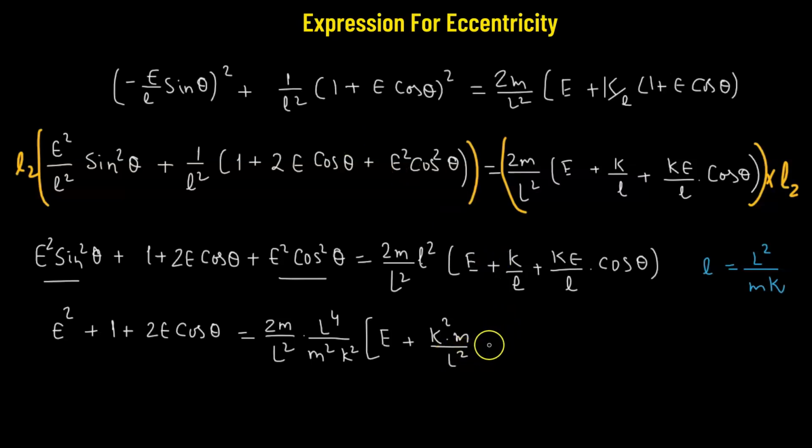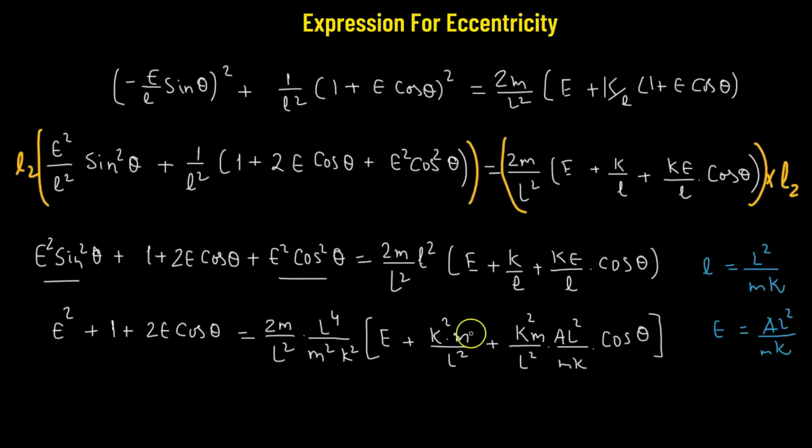Coming to the third term, we have k divided by L, so L will be L squared over mk, so that means we get m times k squared, and we have epsilon, so epsilon can also be replaced with a L squared over m times k, so that will be a L squared divided by m times k times cosine theta.